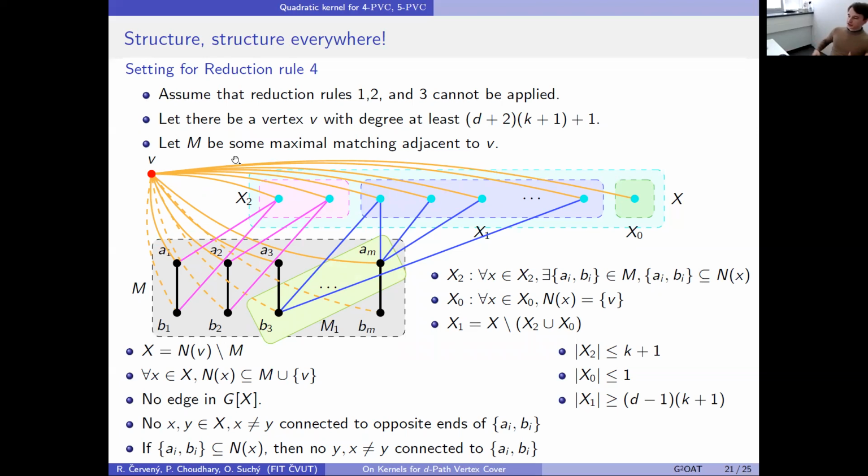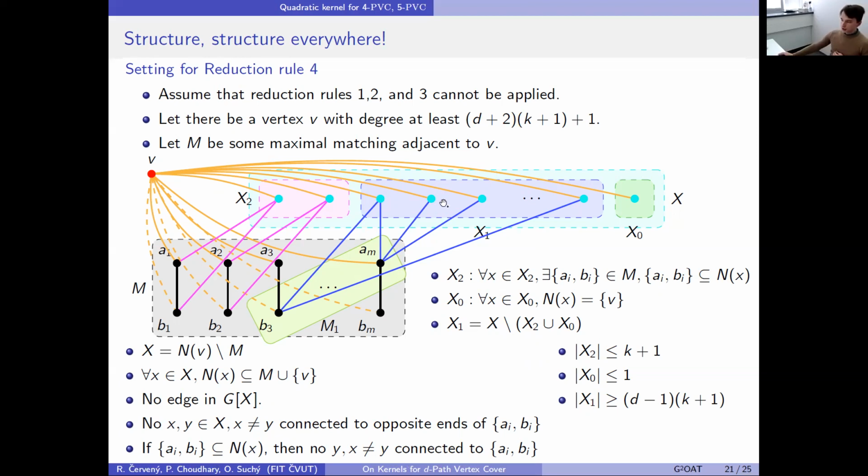And why is that? Imagine that, for example, for this vertex, there would be some edge outside the matching M and not to V. We could just take this edge and put it in the matching, thus increasing the size of the matching. And this would lead us to a contradiction with the maximality of the matching. And this idea can be used in all of these other observations. We would always get into a contradiction with the maximality of the matching.